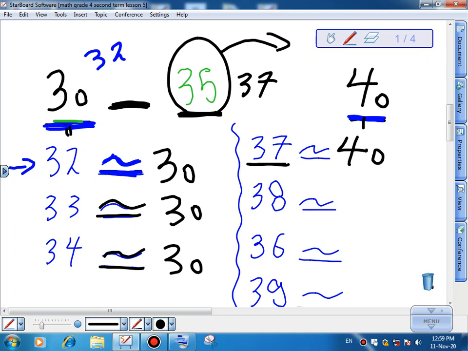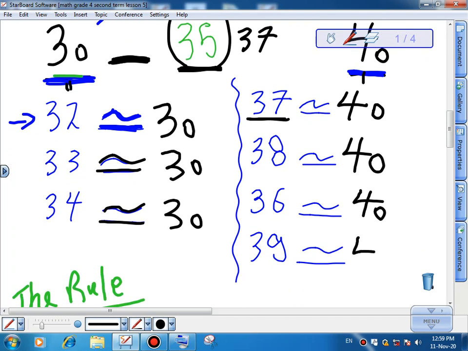Another one, 38 is nearer to 40, so the approximation will be 40. 39 is nearer to 40 than 30, so it will be 40. This is the meaning of approximation. Just look at the number. It is the nearest to the smaller number or the greater number.